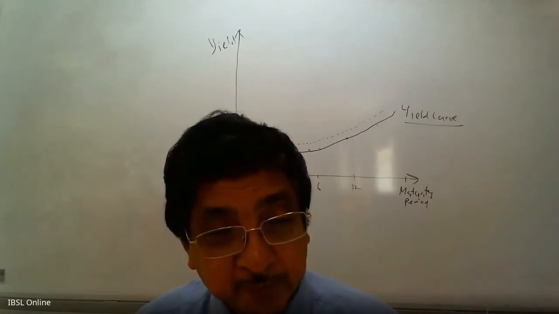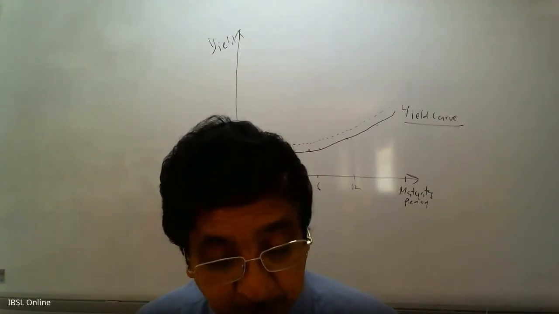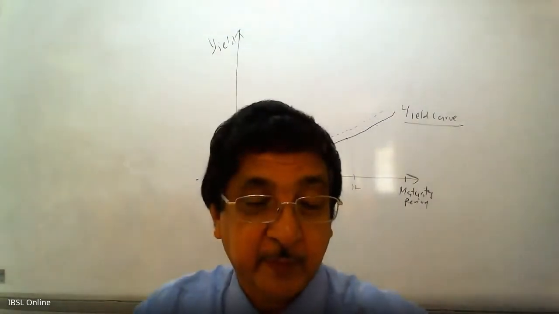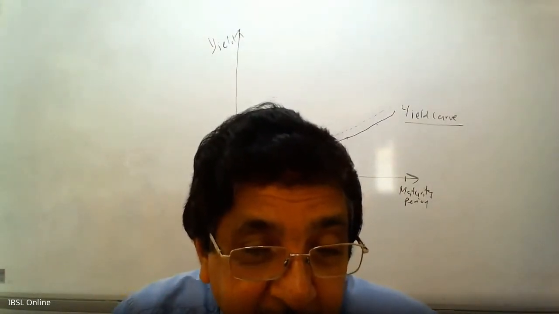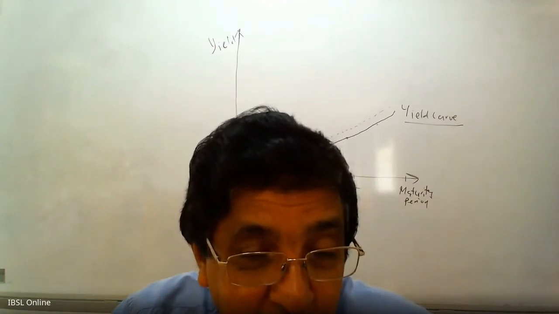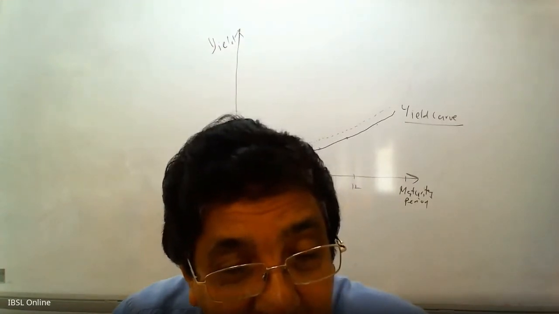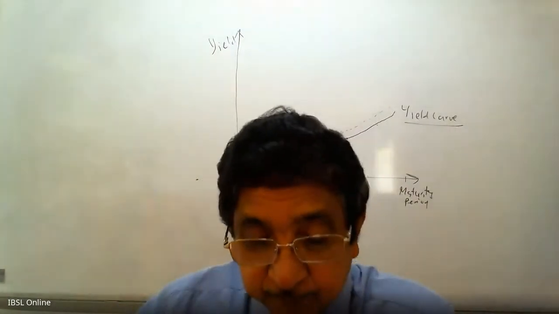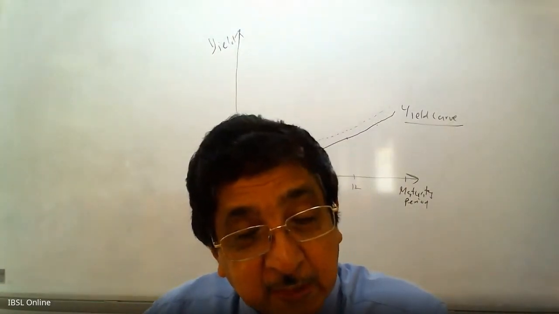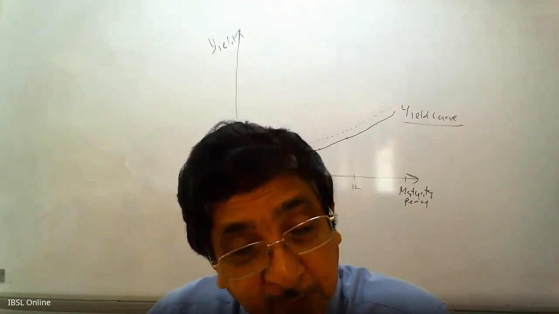Now I want to just show you something else also. Now when we did our calculations on duration and convexity, we went through a bond. But what we can do is we can see how we can calculate the duration of a loan.